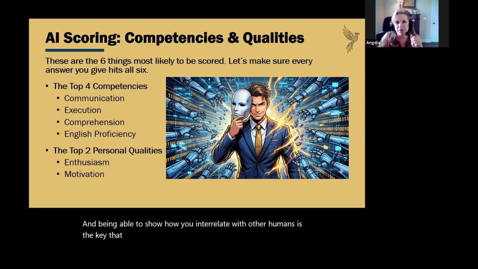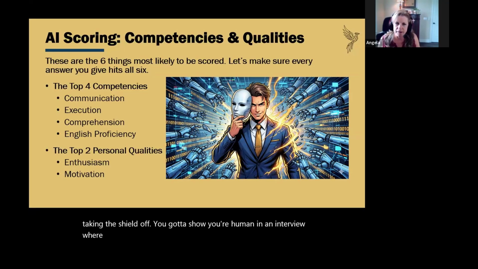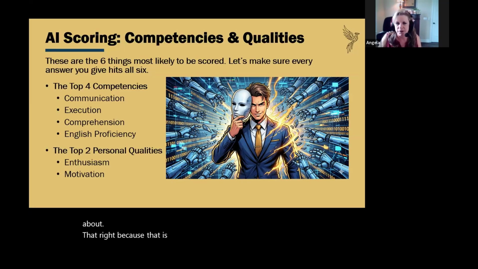And that's the point I'm trying to make, and the reason why you see the person taking the shield off. You've got to show you're human in an interview where there are no humans. Okay, you've got to giggle a little bit about that, right? Because that is the point of today's webinar.